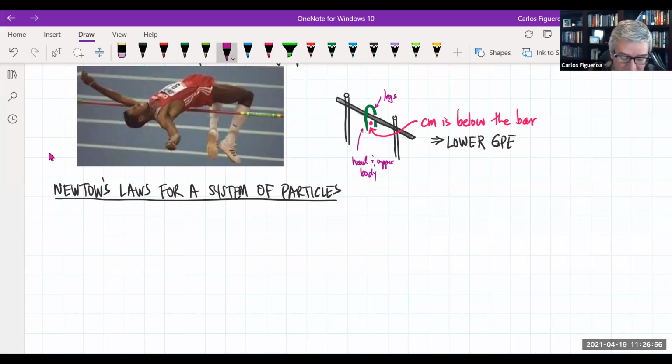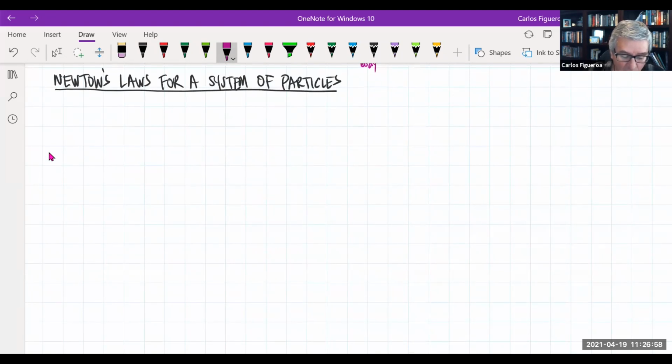So this piece here is why I think center of mass is such an awesome concept. And it's because of what it means when you apply Newton's laws. And Newton's laws is everything that we've been talking about up to this point. So here we go.